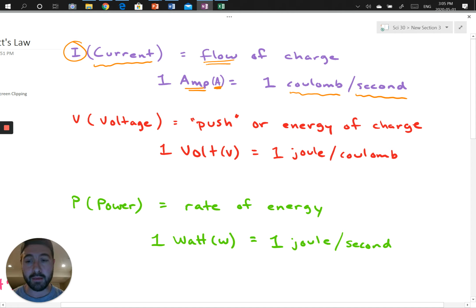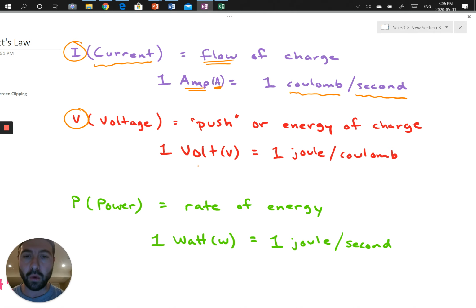Now voltage, you guys have all heard of voltage, but what exactly does it mean? The symbol for voltage is V. Sometimes, when we're talking about electricity, we describe voltage as the push or the amount of energy behind each charge.